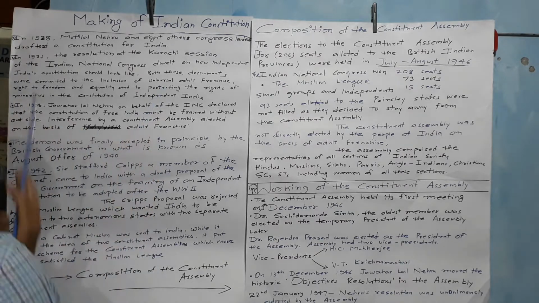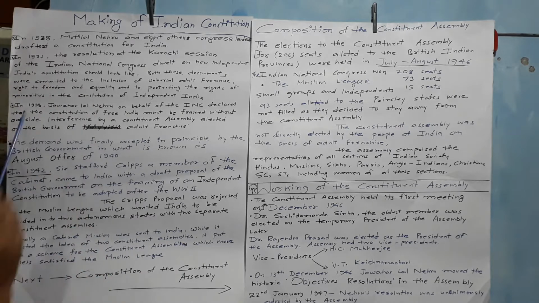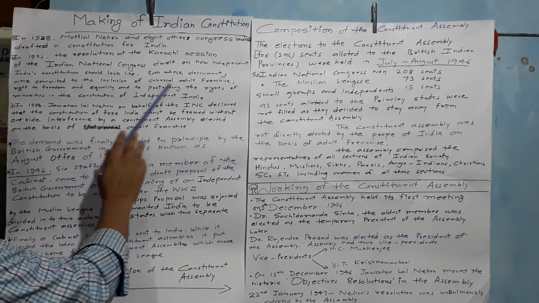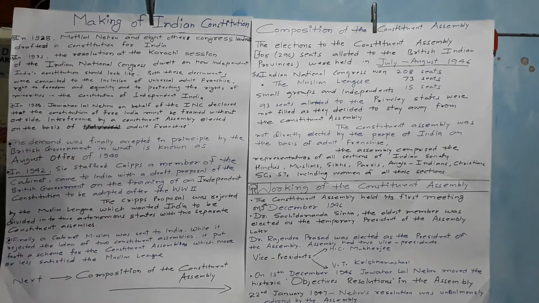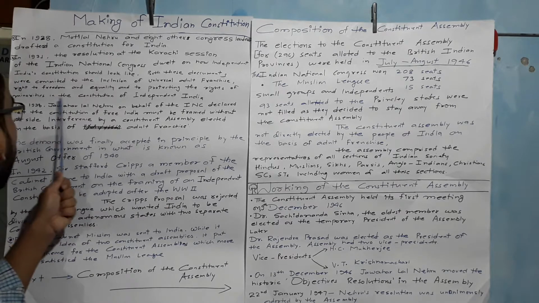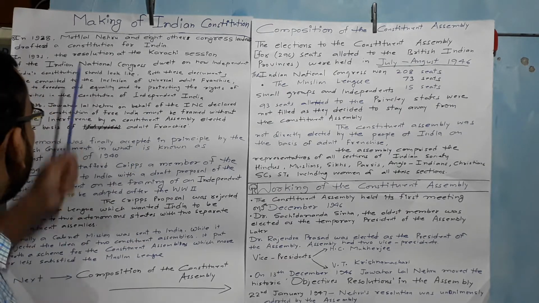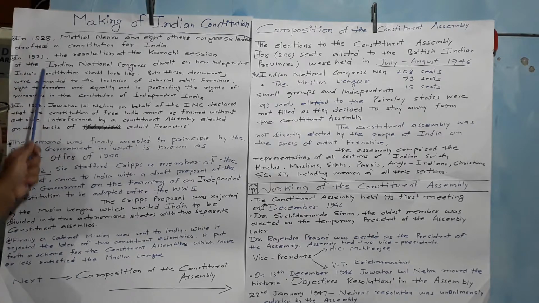Both these documents, in 1931 and 1928, were committed to the inclusion of universal adult franchise, right to freedom and equality, and protecting the rights of the minorities in the constitution of independent India. These were the initial steps by Indians.